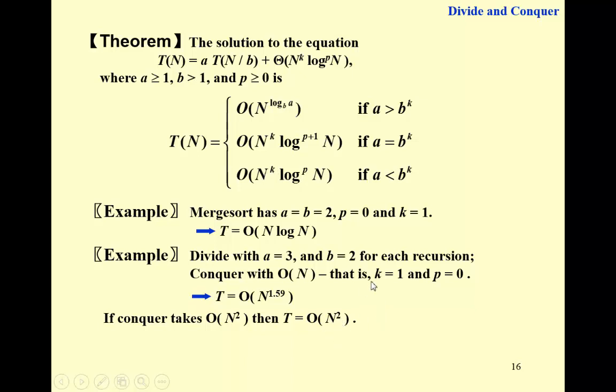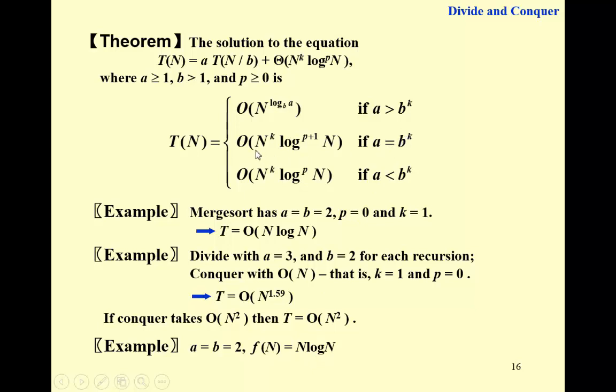Now finally, let's check the previous hardest case, which cannot be covered by those master theorems. If a equals b equals 2 and f of n is n log n, that means k equals 1 and p equals 1. And a equals b equals 2 corresponds to this case, 2 equals 2 to the power 1.